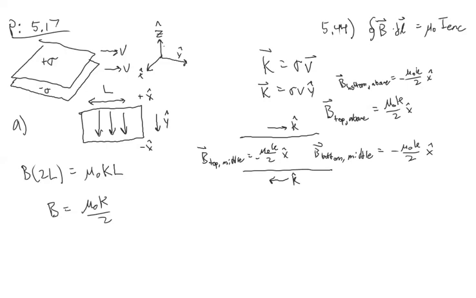As you would imagine, the B field from the top plate below is negative mu naught K over 2 x hat, and the B field from the bottom plate below is equal to positive mu naught K over 2 x hat.